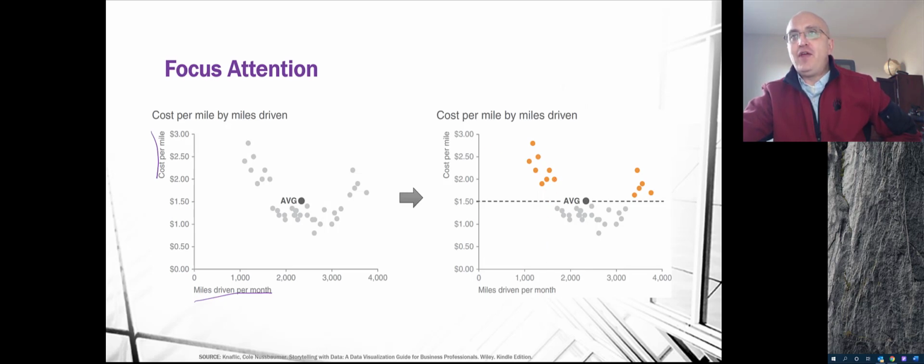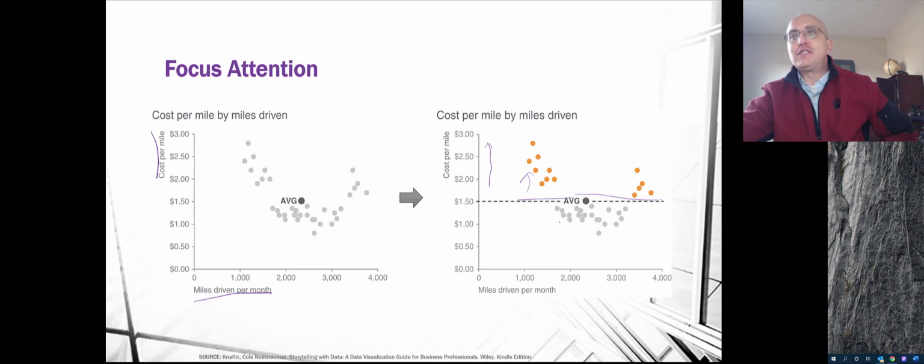Each data point is a vehicle, and the further it is to the right, the more miles we drive it per month. The further it is up, the more expensive it is, cost per mile. Right? And so what we're highlighting is these cars that tend to be more expensive. So everything above here tends to be more expensive to drive.